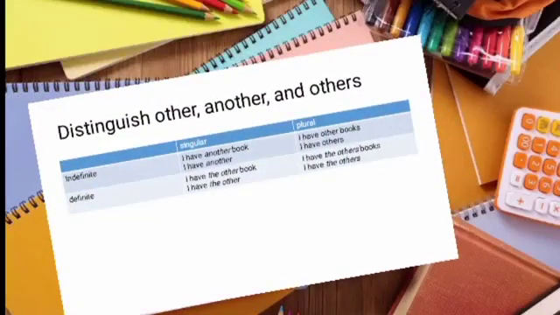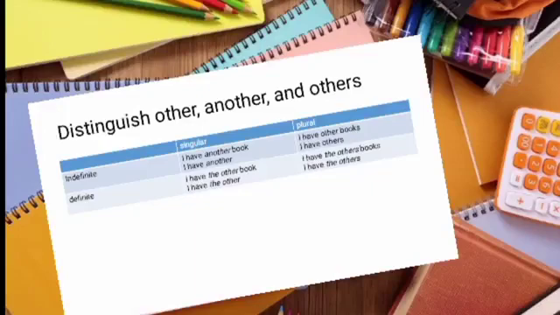Okay, the last explanation that I'm going to give you is about distinguishing other, another, and others. Actually, other, another, and others are very easy to confuse. To decide how to use each of them correctly, you must consider three things. The first is whether it is singular or plural.